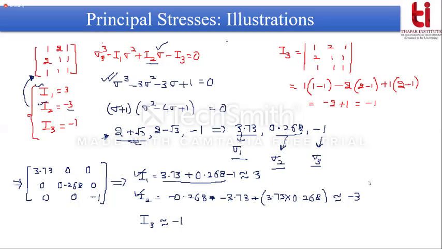Always make a habit that we always check for invariance, because once the invariance is satisfied, we are pretty sure that our approach as well as answer is free from any mathematical error or human error. Because it has to satisfy the invariance condition, all three: first one, second one, as well as third stress invariant, that is I1, I2 and I3.